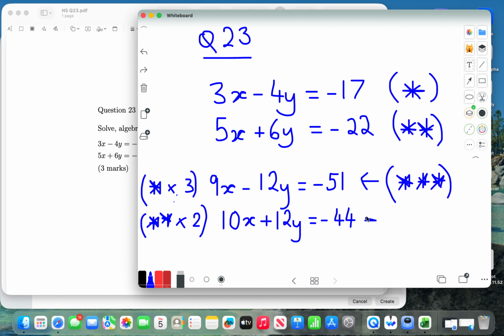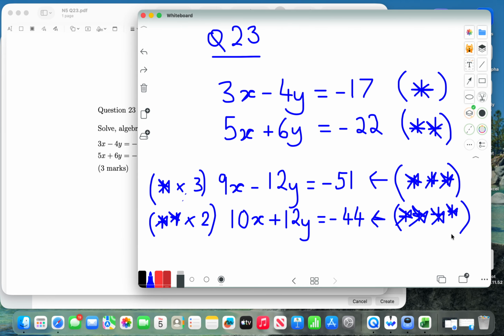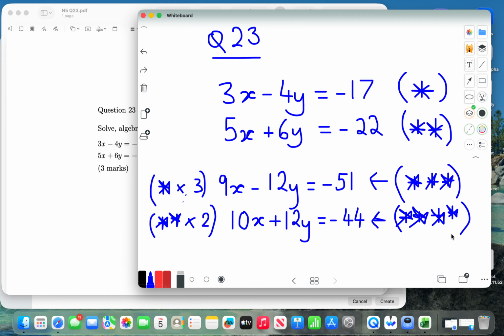And we will call this one star, star, star, star. Starting to get a bit lazy with my stars, but they don't have to be perfect. It's just a way of labeling the equations so the marker knows which one you refer to.